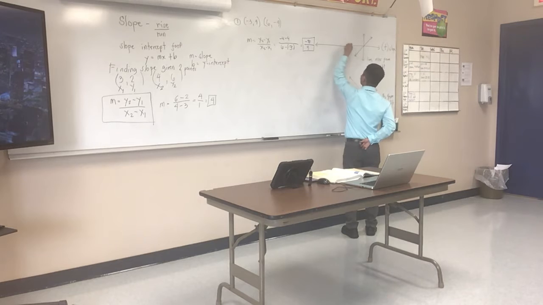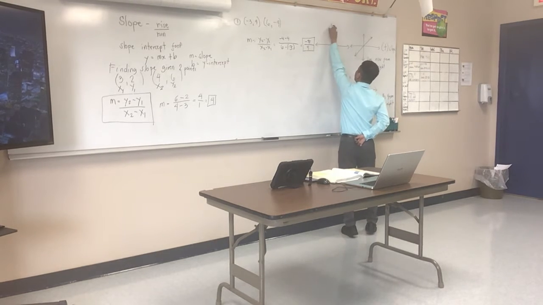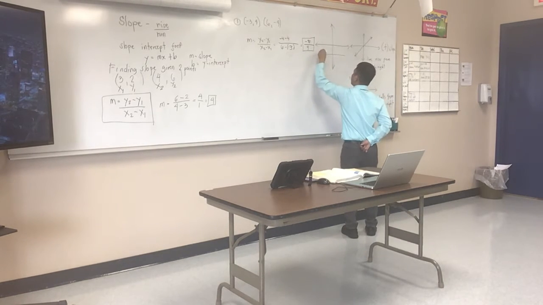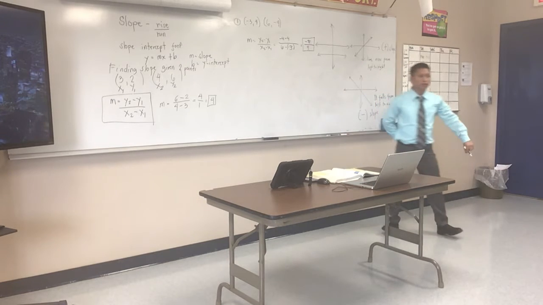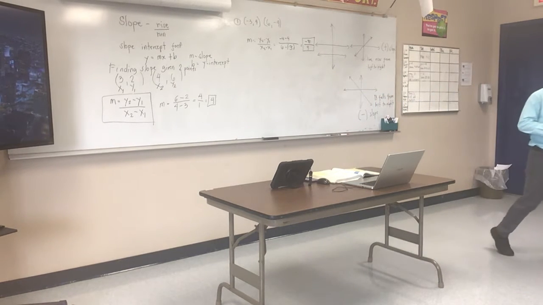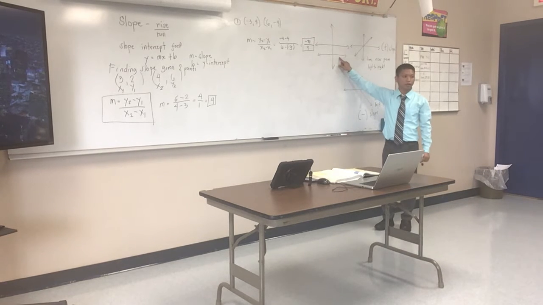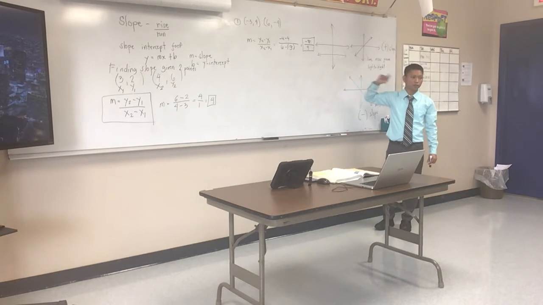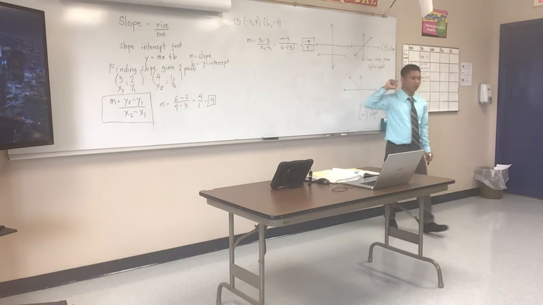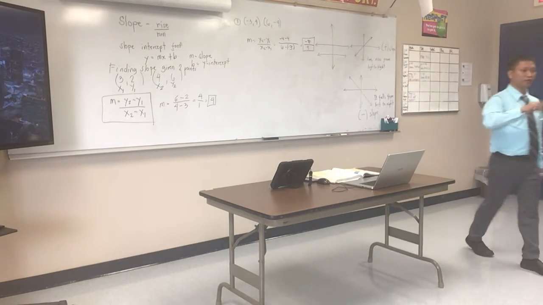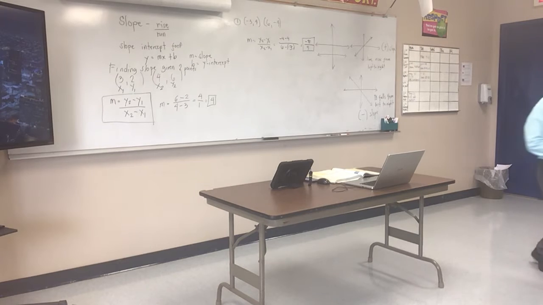How about if we have this one? What can you say about our graph here? Okay, Marcos, what can you say about our line here? Is it a vertical or horizontal line?